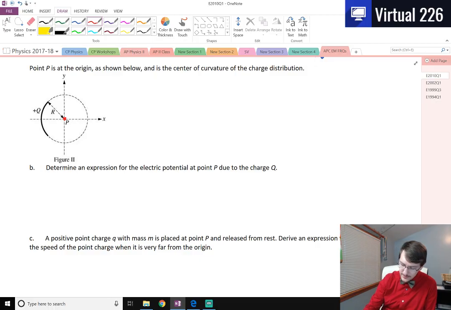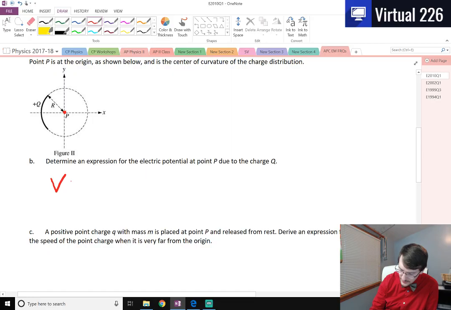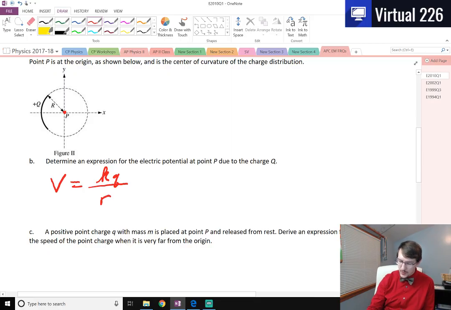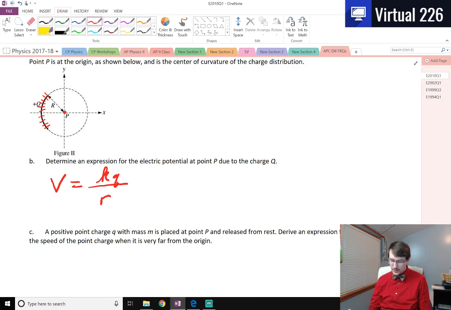But the easier thing to do here is to recognize that a potential is just kQ over R. And in our case, we are trying to add up all of the little bits of Q. We could write that in differential form as dq.